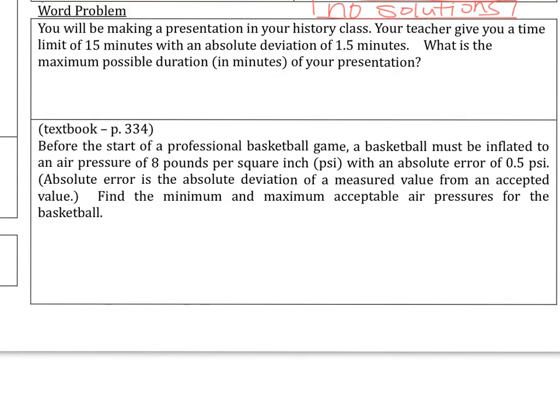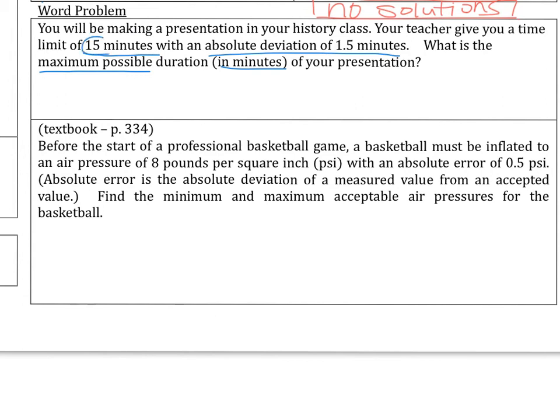Word problems. You will be making a presentation in your history class. Your teacher gives you a time limit of 15 minutes. So this is the given value with an absolute deviation of 1.5 minutes. What is the maximum possible duration in minutes of your presentation? So for this problem, we also need to use the absolute deviation formula.